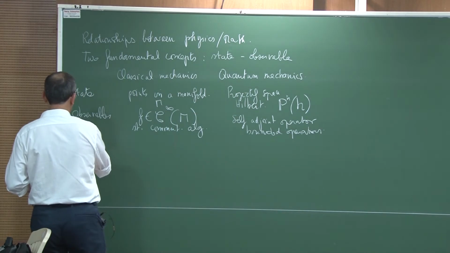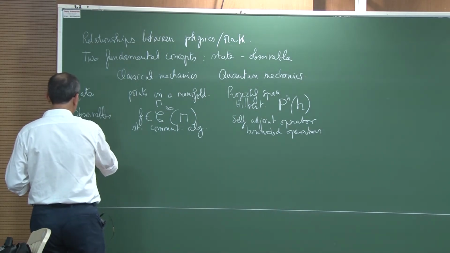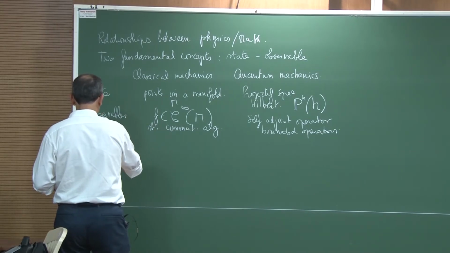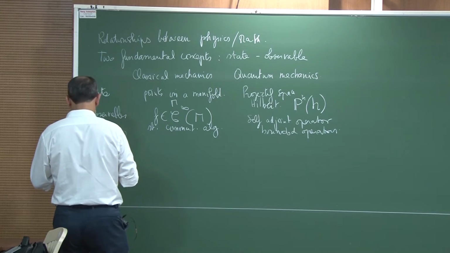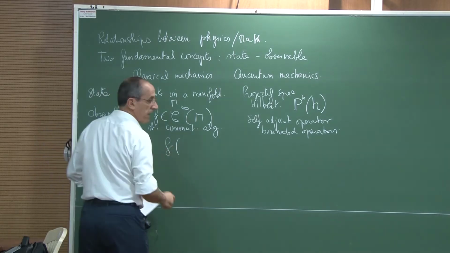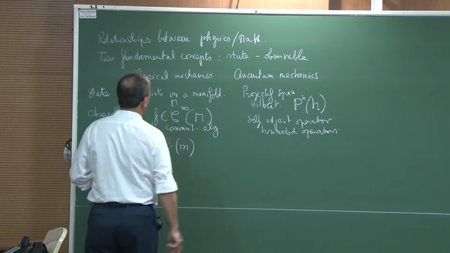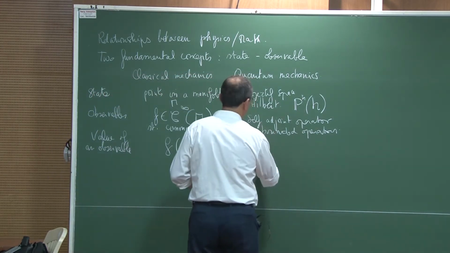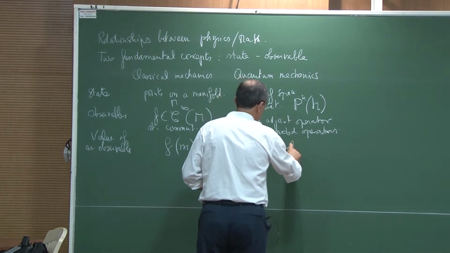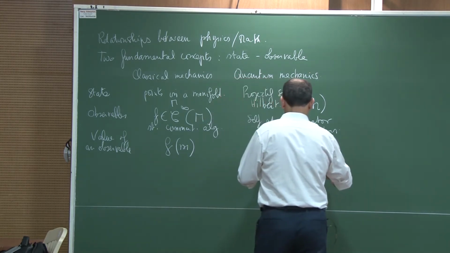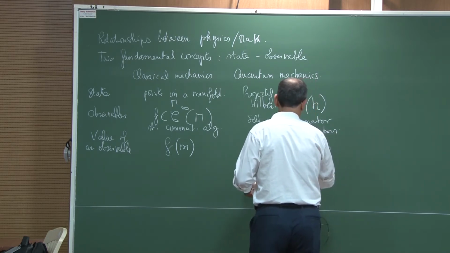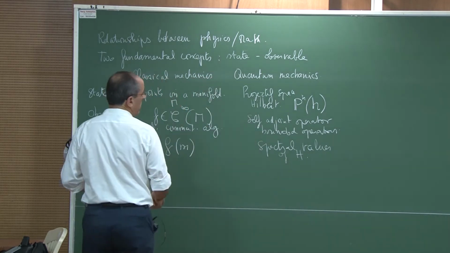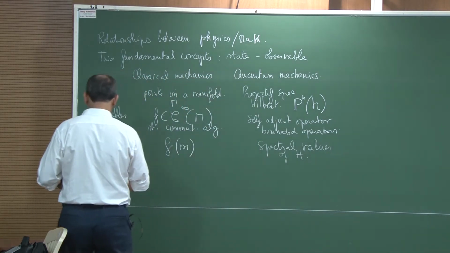And now what is the value of an observable? This is just the value of f on a point m of the manifold. And for quantum mechanics, this is a spectral value of an operator H. And we are also interested in the dynamics.